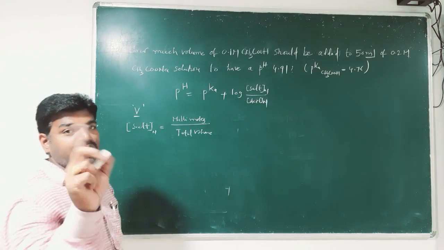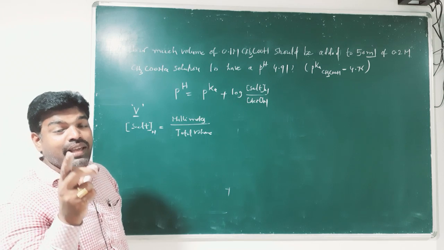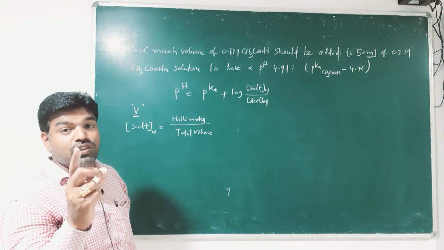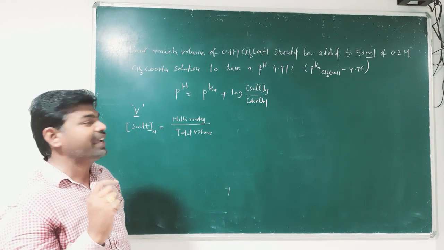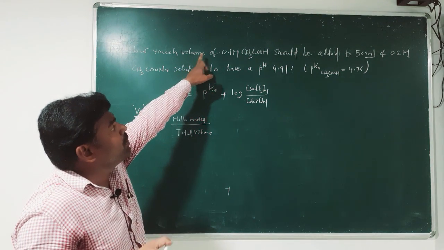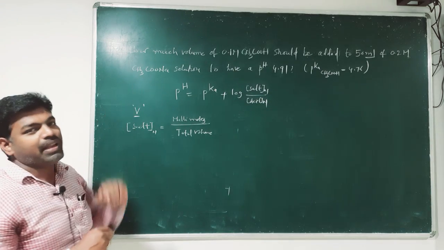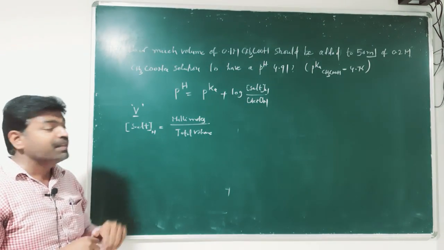Already I told you in the previous classes that an acidic buffer is an example of a mixture. V volume of acetic acid is to be added to 50 ml of sodium acetate, so we should take the total volume.